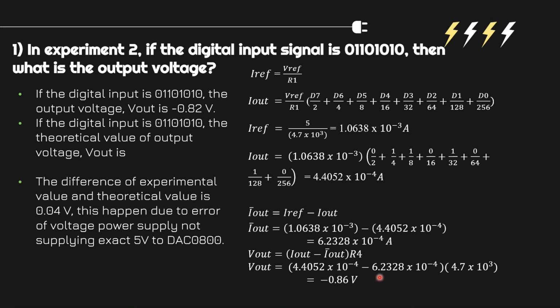So this is the output voltage if the digital input signal is 011011010. So the difference of experimental value and theoretical value is 0.04 volt. This happened due to the voltage power supply not supplying exact 5 volts to the DAC 0800.